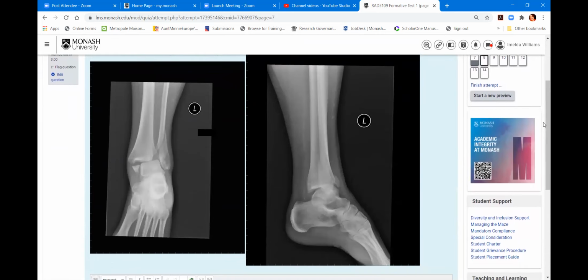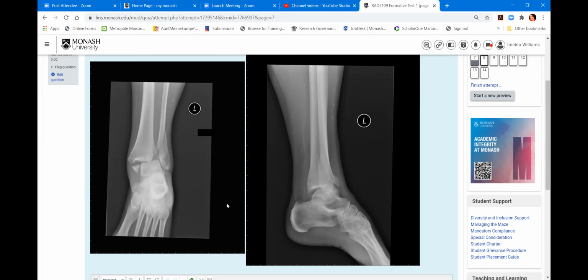And it's clear that this patient had a serious injury to the ankle. We've got an avulsion of the medial malleolus. And then we also have a spiral fracture of the distal fibula, and there's also medial talar shift as well.